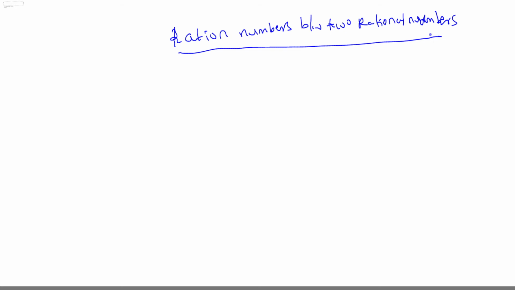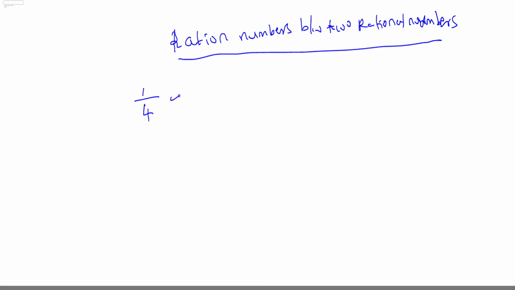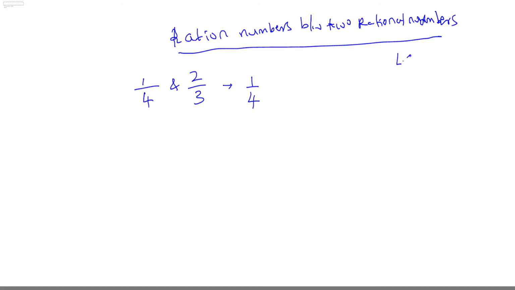I will take one example here, by that we can understand easily. For example, we have 1 by 4 and 2 by 3. How to find rational numbers between these? First, we make the denominators the same. For example, for 1 by 4, I'll take the LCM of 4 and 3.